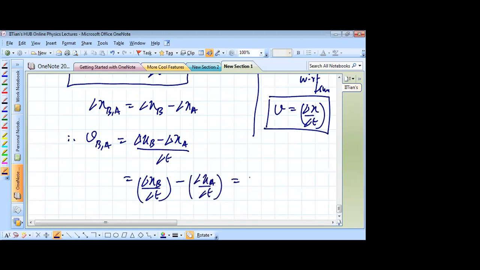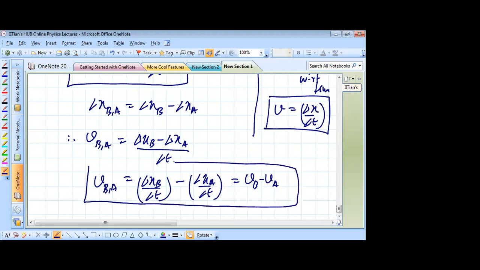So that is nothing but VB minus VA. So this gives us this very important formula that relative velocity of B with respect to A is velocity of B in the ground frame minus velocity of A in the ground frame.